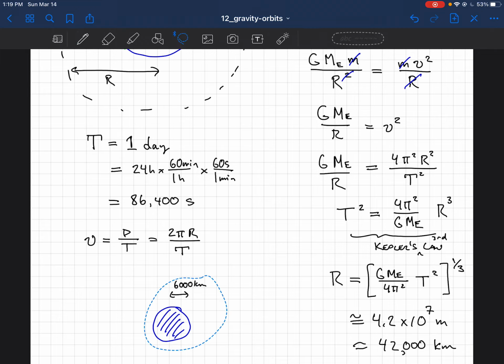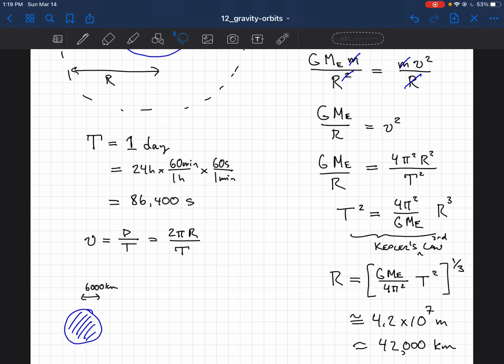So the radius of the satellite is going to be at about 7 times that. So about 7 times this radius. So 1, 2, 3, 4, 5, 6, 7. So the satellite is way out here. So a geosynchronous orbit requires that the satellite is put out at 42,000 kilometers around the Earth.